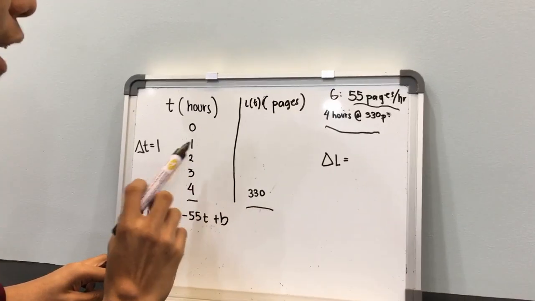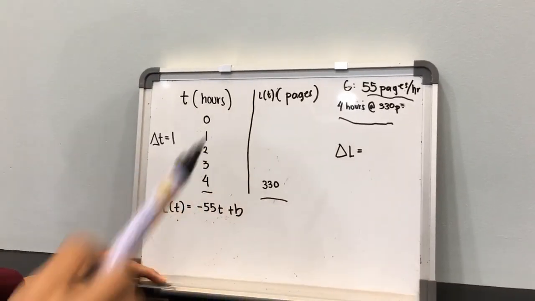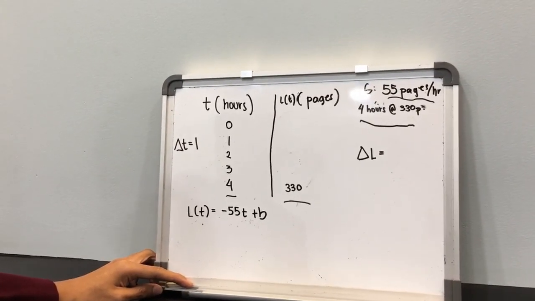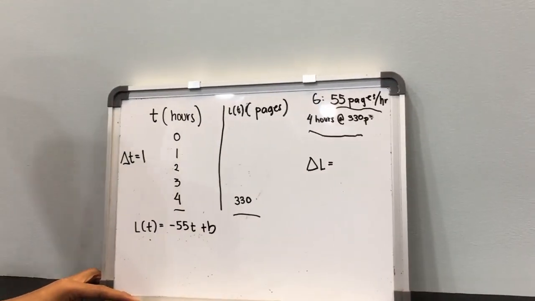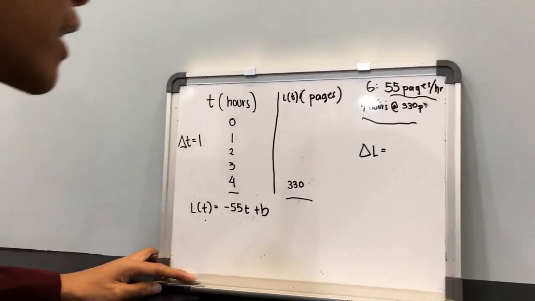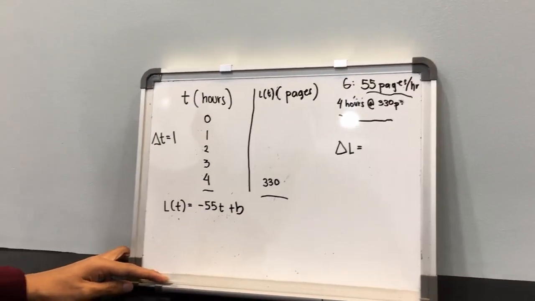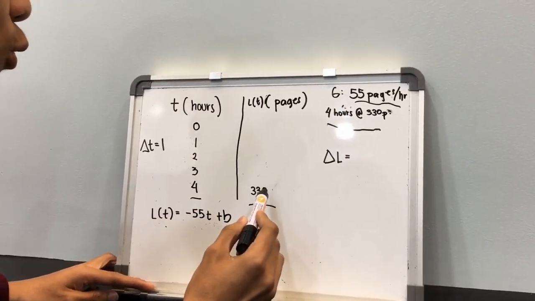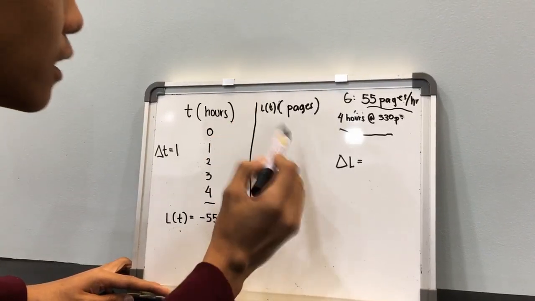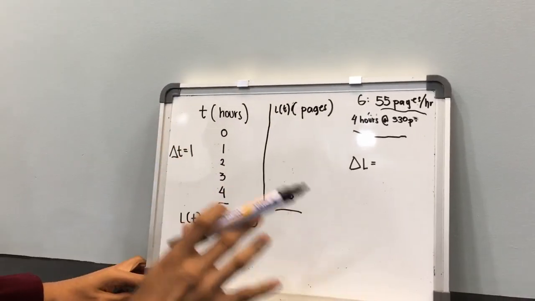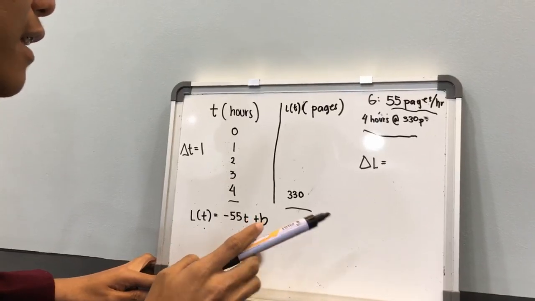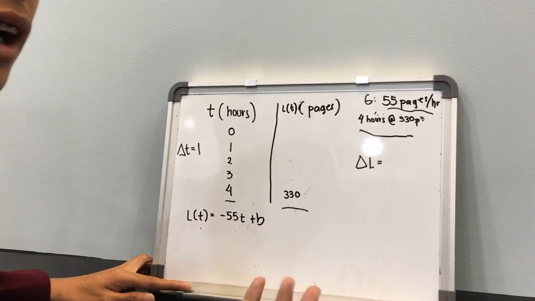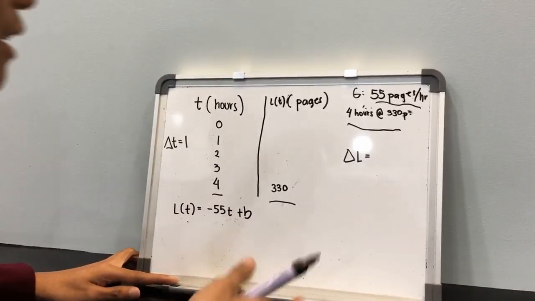So we can look for how many pages the book is, which is question number 1. How long is the book? By just adding 55 pages to 330, because we are trying to know how long the book is at t equals 0. That means the reader hasn't read anything yet.